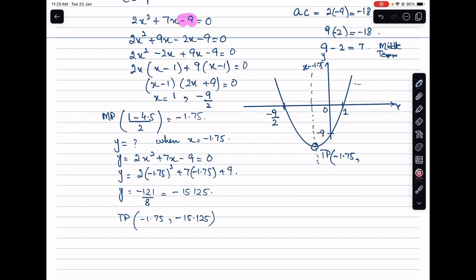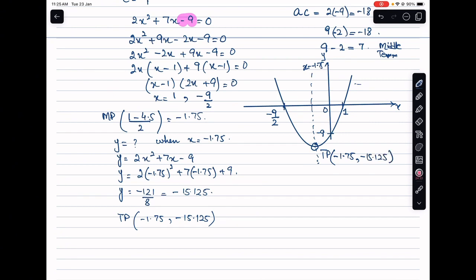So y equals 2x squared plus 7x minus 9 was our equation here. So in that equation, I substituted x as negative 1.75 and got the y value, which was negative 121 divided by 8, or negative 15.125. So my y coordinate of the turning point is a negative 15.125.